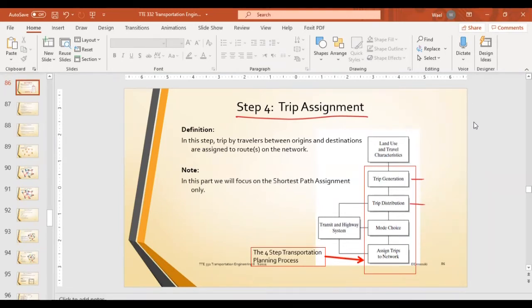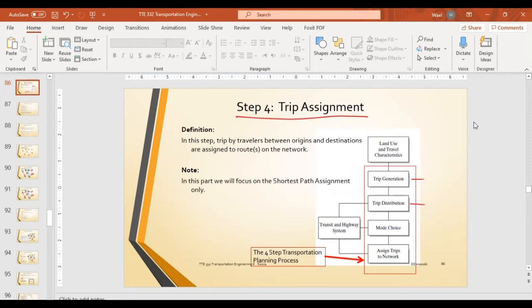Then in the third step, we did the mode choice, which is basically splitting the road users between using their own vehicles or using other modes of transportation like mass transit or subway or something else like that. Then now we want to assign those trips to the network.